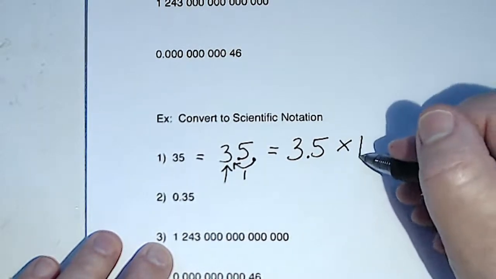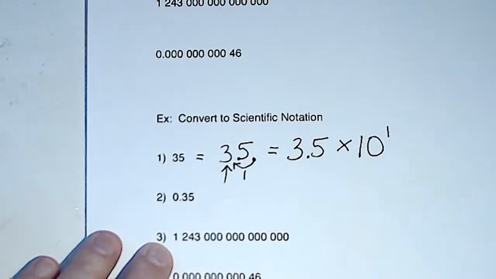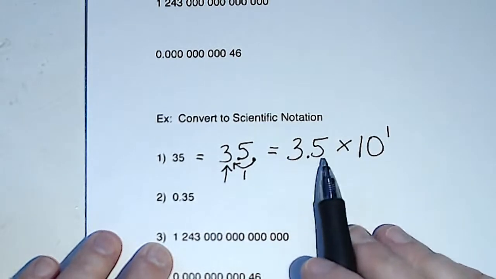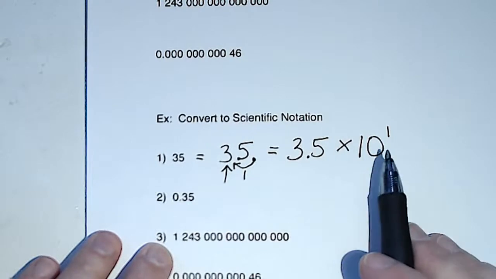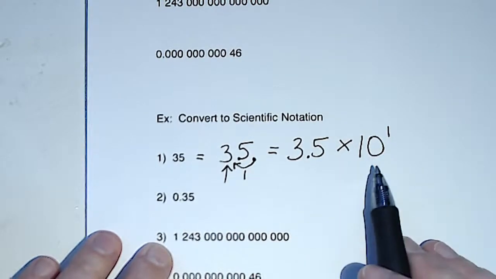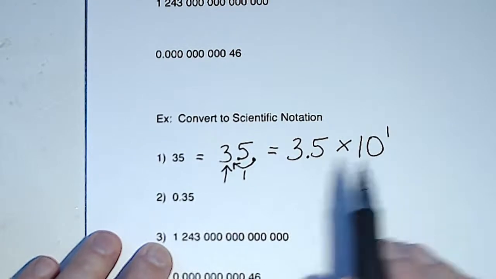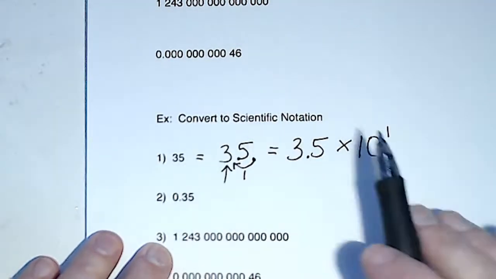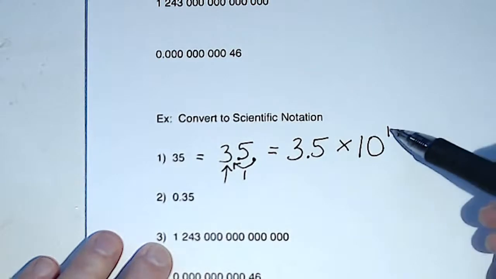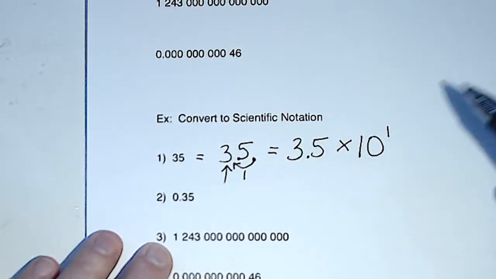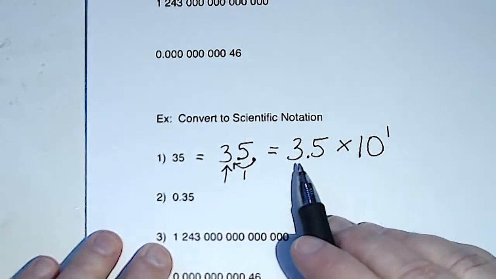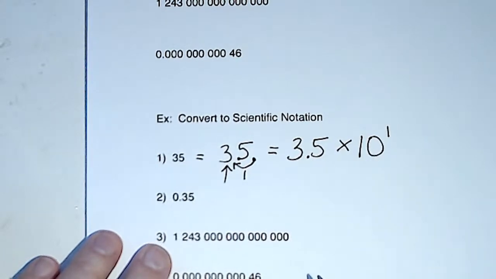So I'm going to say I moved the decimal point one spot. This is actually 3.5 times 10, which if you think about it, 3.5 times 10 would be 35. And so this tells me that 35 has a magnitude that matches other numbers that are, say, 3 or 4 or 5 times 10. So I'm able to see really easily and quickly how big it is and compare it to other numbers, which is kind of nice.